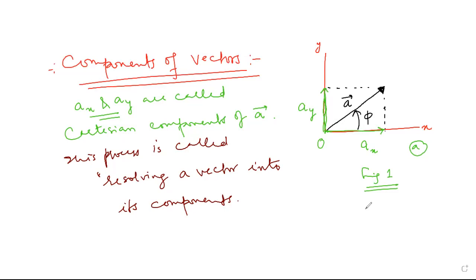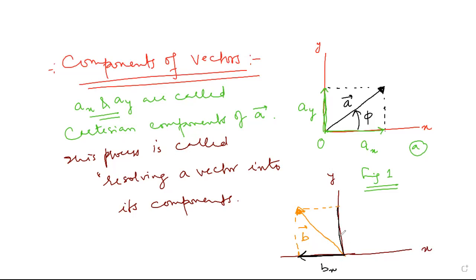But if I draw another figure, part B of the figure like this, this be my X, this be my Y. I construct another vector using this color. This is my vector B. Now I draw the perpendiculars on the axis. Now this length is Bx.